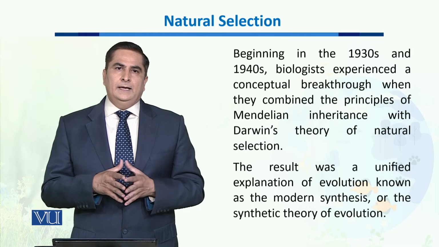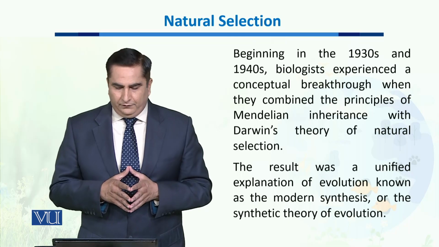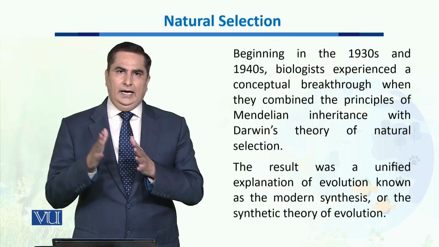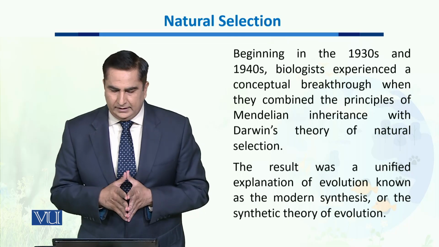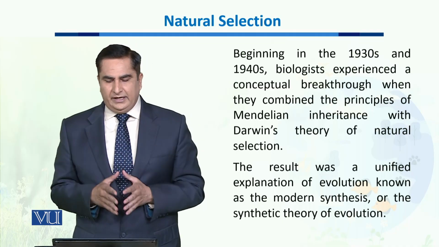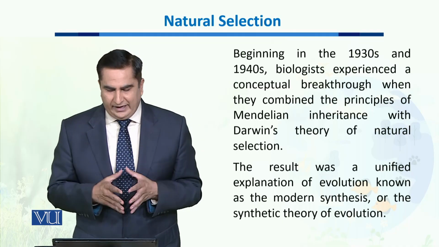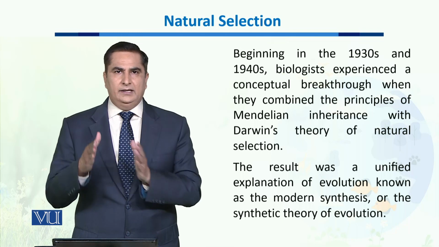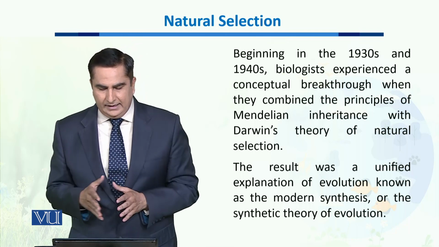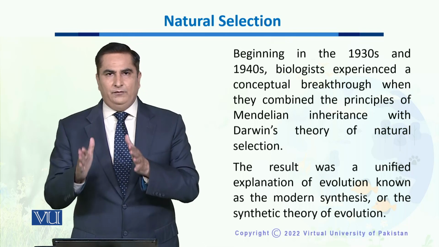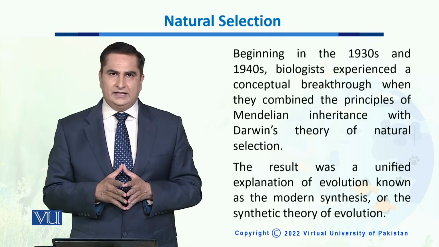Now, in the beginning of the 1930s and in the 1940s, biologists experienced a conceptual breakthrough when they combined the concepts of Mendelian inheritance with Darwin's theory of natural selection.